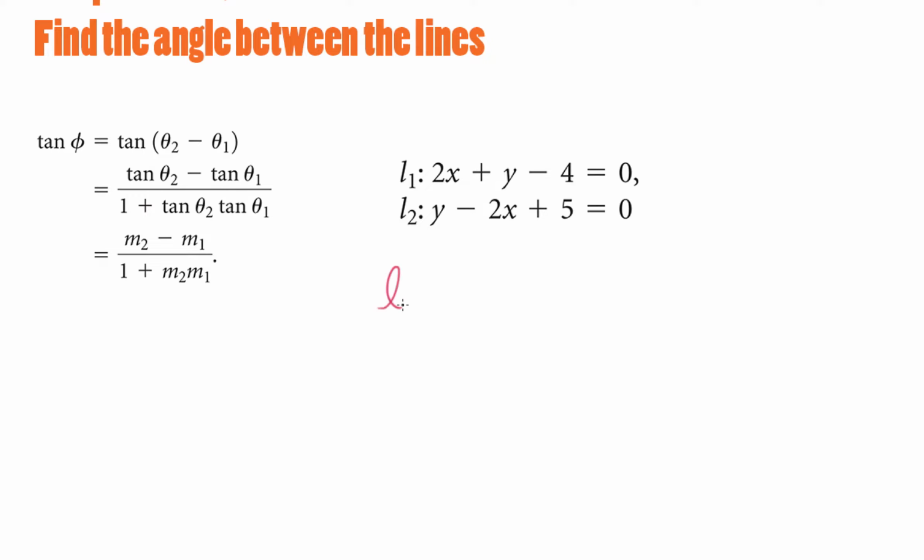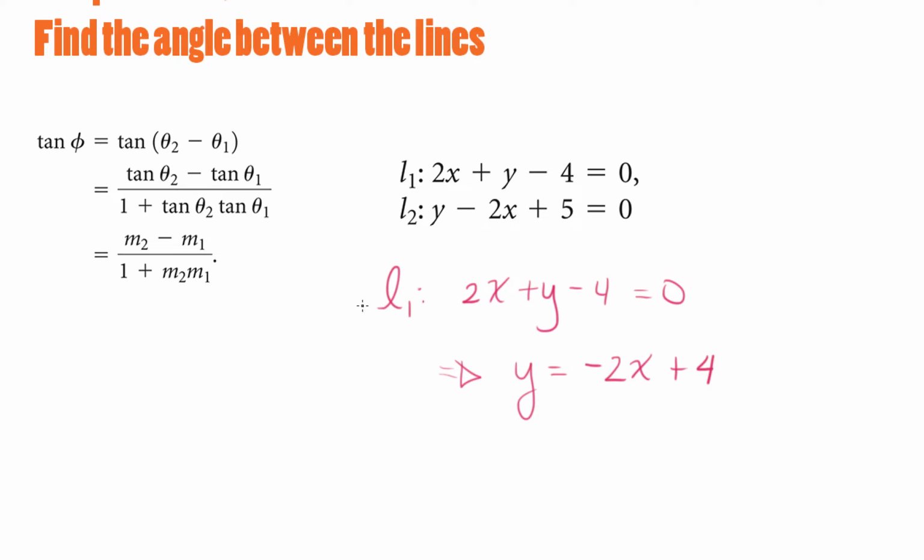So for L1, you have 2x plus y minus 4 equals 0. Now, in order to have it as y equals mx plus b, I need to subtract the 2x and add the 4 on both sides. So that means that y equals negative 2x plus 4.